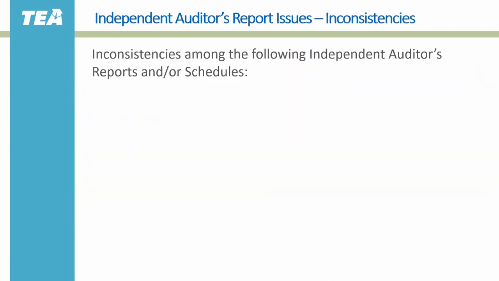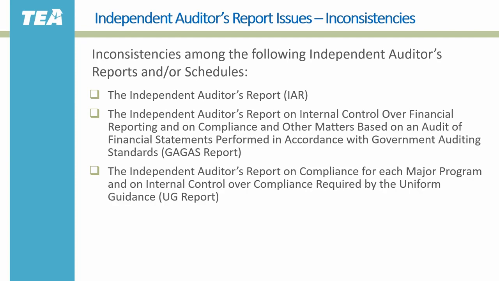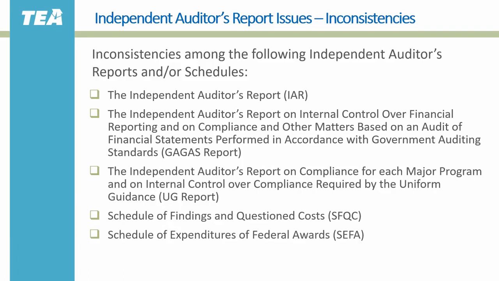Inconsistencies are also noted among the independent auditor's report and/or schedules. Here is a list of the reports and the schedules. The independent auditor's report, the GAGAS report, the Uniform Guidance Report, the schedule of findings and the questioned costs, the schedule of expenditures of federal awards, L1 schedule.